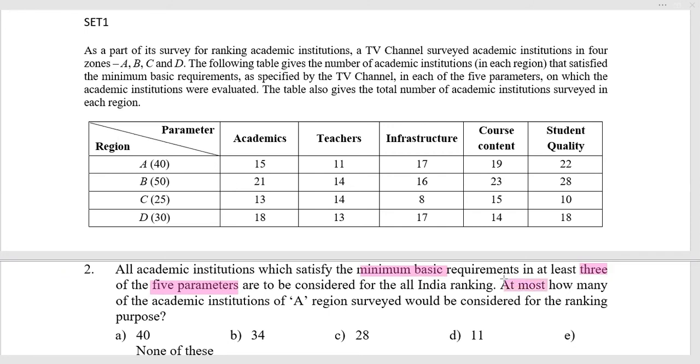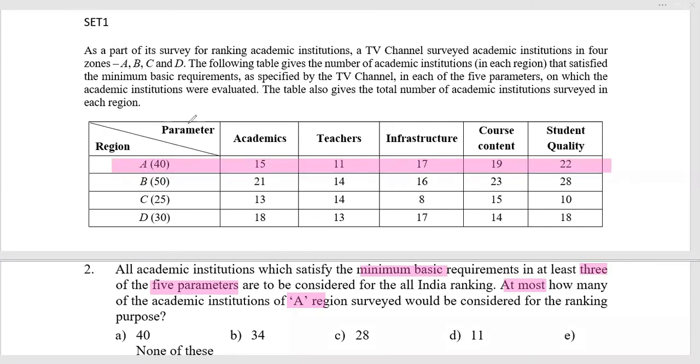Now I want to maximize at most how many of the academic institutions of region A surveyed would be considered for ranking. So basically our target is to discuss region A only. I need not think of the other regions.